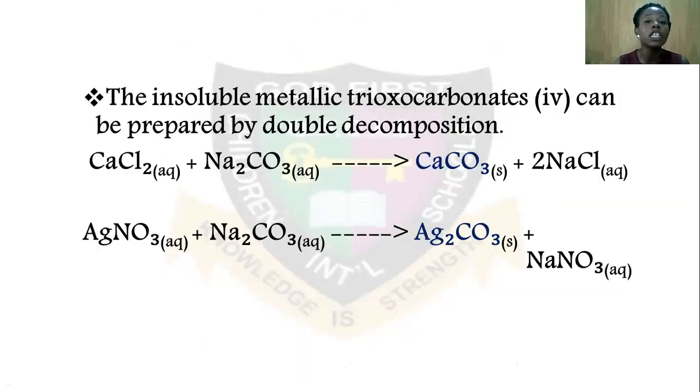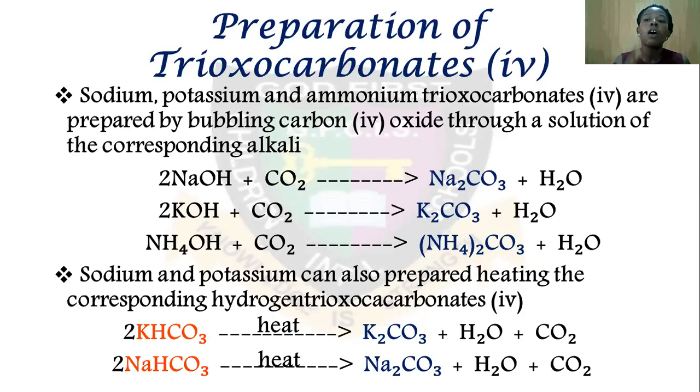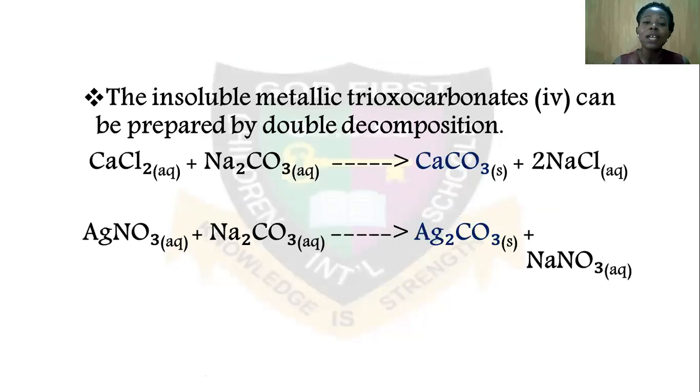Then for the insoluble metallic carbonate 4, remember I told you that all other carbonate 4 are insoluble except sodium, potassium, and ammonium carbonate 4, which are soluble in water. So that's why others can be prepared by double decomposition.